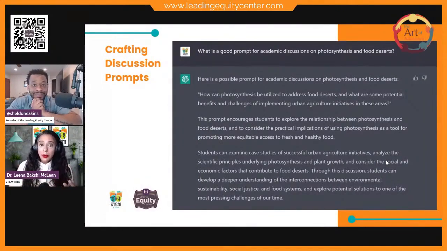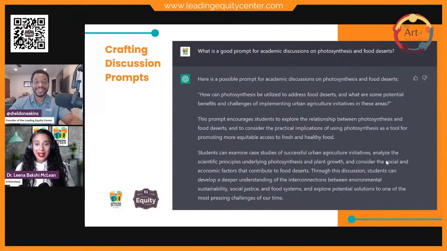So you can start with, how can I pose a good prompt for an academic discussion that connects photosynthesis to food deserts? Here's a possible prompt: How can photosynthesis be utilized to address food deserts? And what are some potential benefits and challenges of implementing urban agriculture initiatives in these areas?